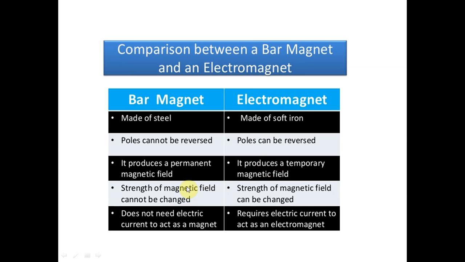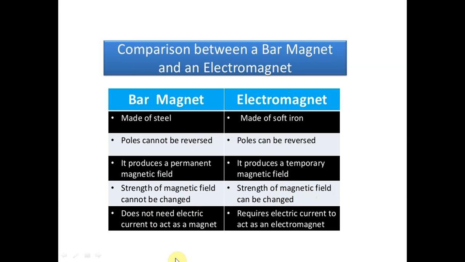So next is strength of magnetic field can't be changed. हम बार मैग्नेट की स्ट्रेंथ को भी चेंज नहीं कर सकते। Strength of magnetic field can be changed in case of electromagnet. How? By selecting good core material. Second is increasing number of loops. Third one is increasing the current.